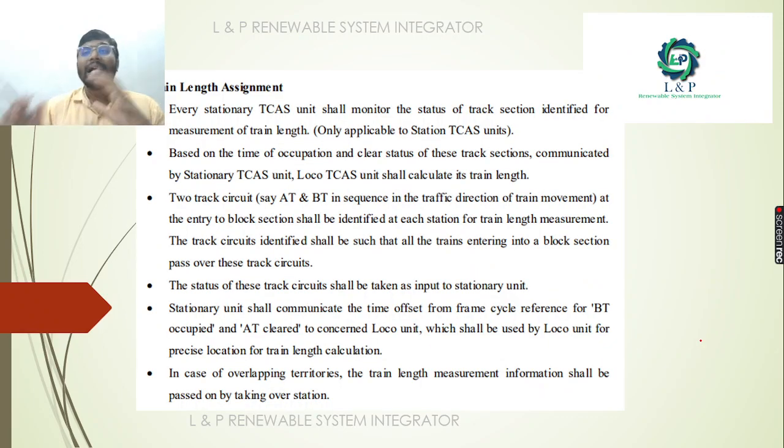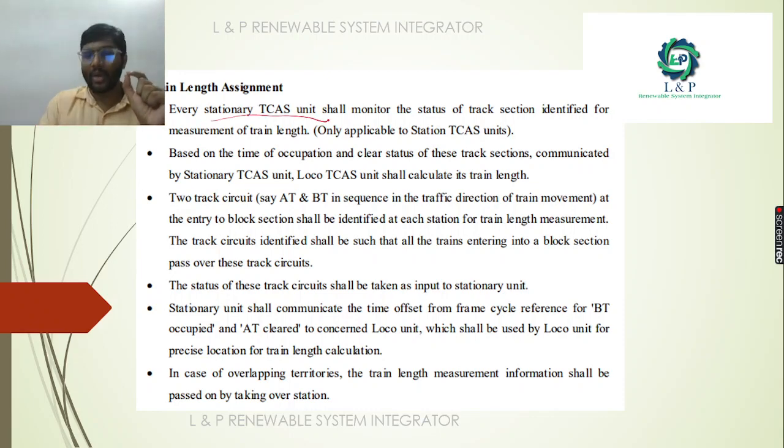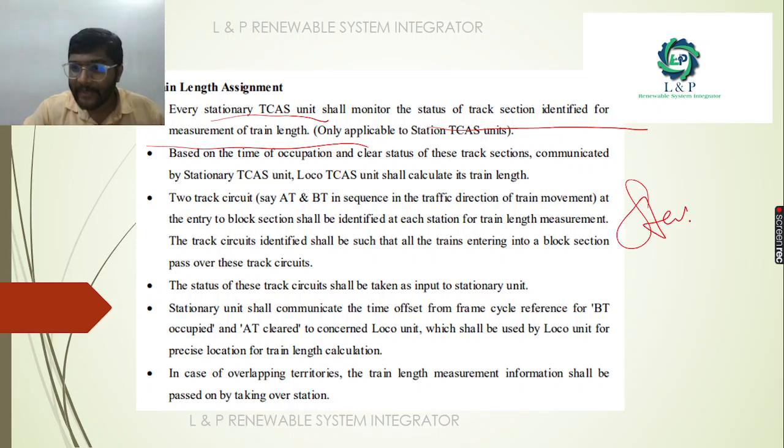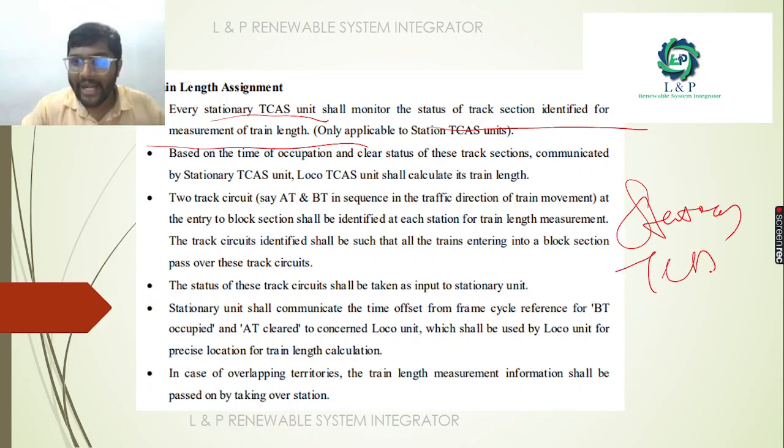mode. Then, how are we determining the train length assignment? As you can see here, every stationary train collision avoidance system shall monitor the status of the track section identified for the measurement of the train length. This is only applicable to the station train collision avoidance system.